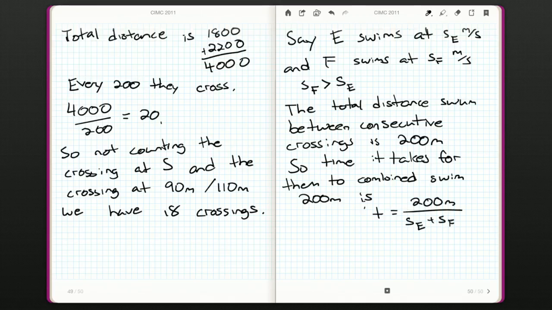We just want these two fellows to cover the same total distance. And we know that this is constant because, well, 200 is definitely a constant, and SE and SF, we're told their speeds are constant.